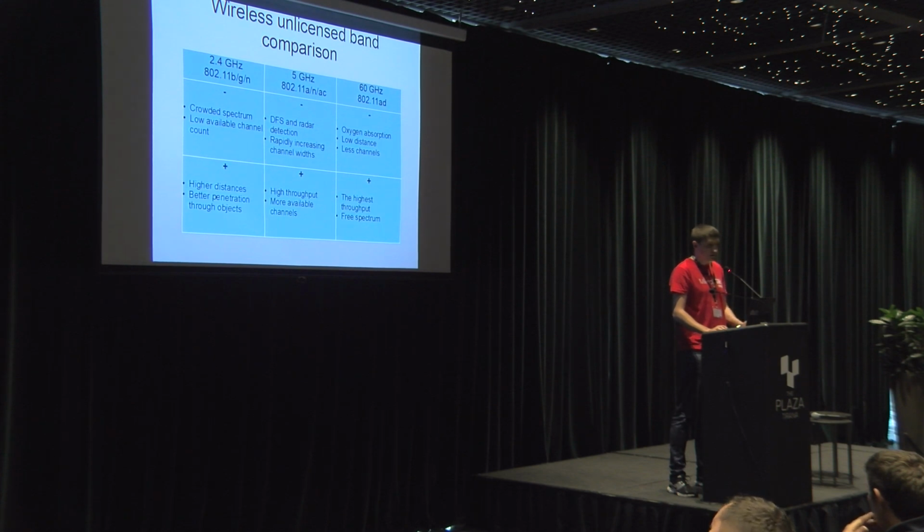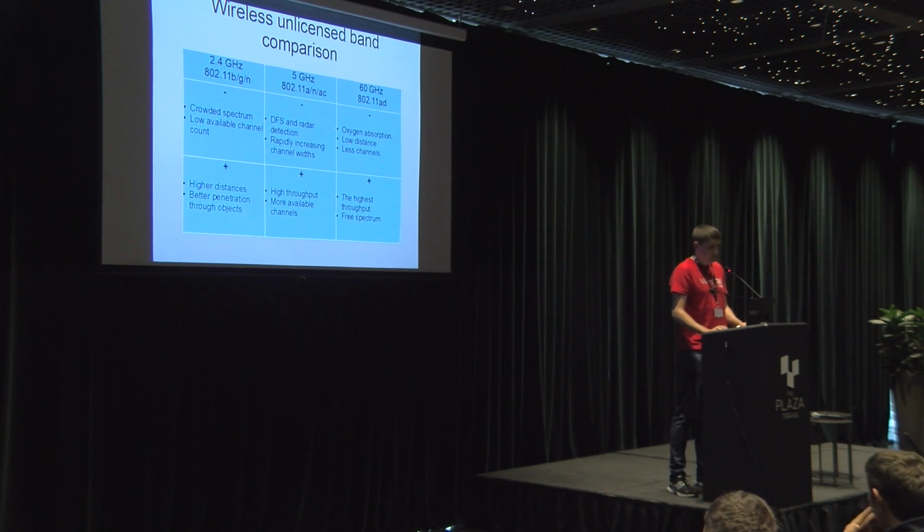In most countries it is only 13 channels, and you can create only 3 non-overlapping channels. And the advantages for the 2.4 GHz frequency range is that you can achieve higher distances, and also it better penetrates through objects like walls or other obstacles.